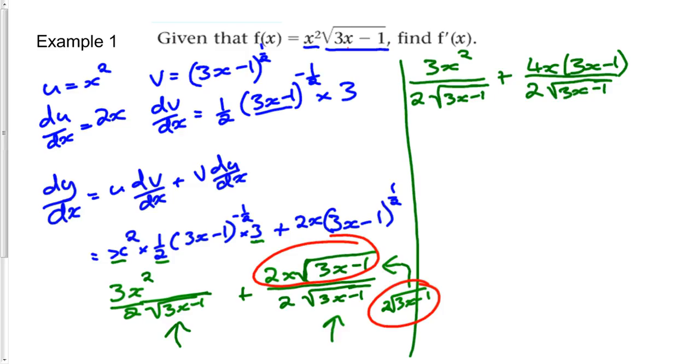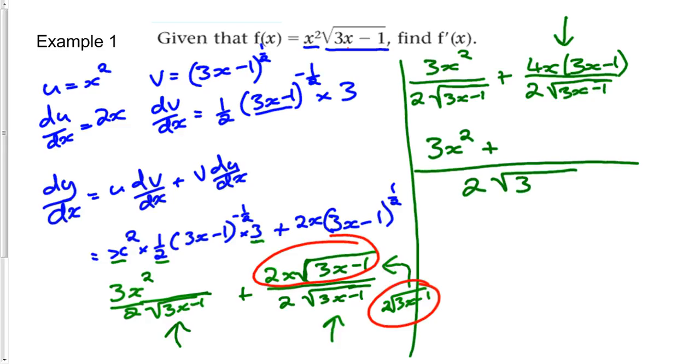So then we're going to multiply out the brackets on this side, so we get 3x squared plus, if we put it all over, because the denominator is the same now, 3x minus 1. So if we multiply the brackets, we get 12x squared minus 4x.